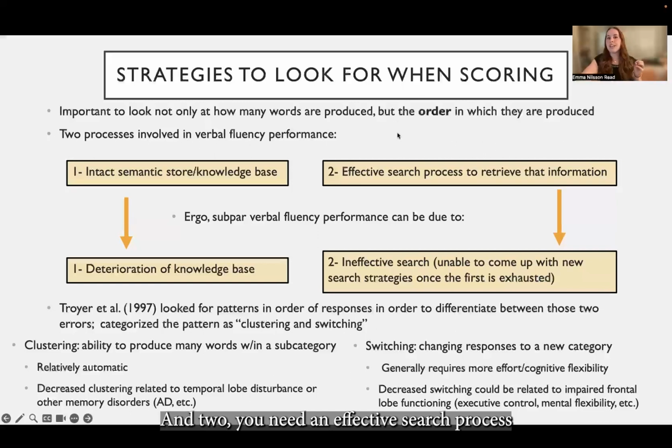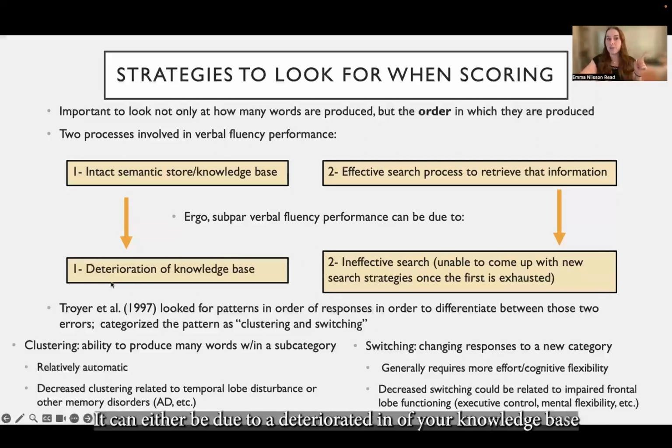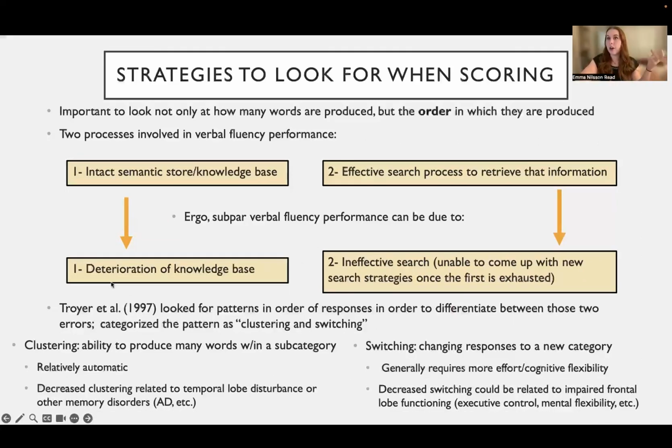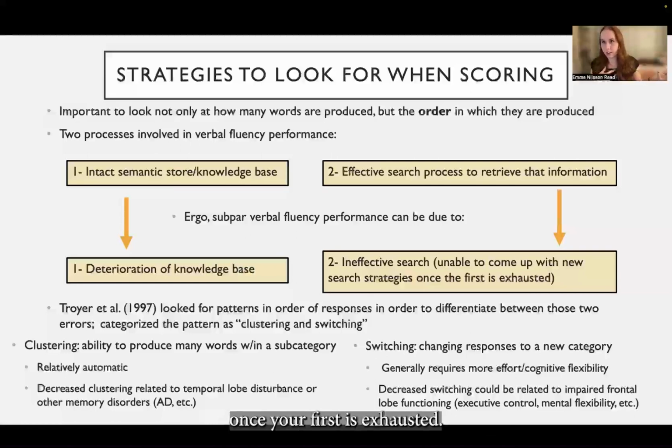And two, you need an effective search process in order to retrieve that information. So subpar verbal fluency performance can be due to a deterioration of either of those things. It can either be due to a deterioration of your knowledge base, where you don't really have the words in there, or it could be due to an ineffective search strategy. You can't come up with new search strategies once your first is exhausted.